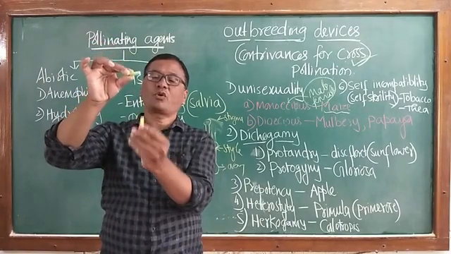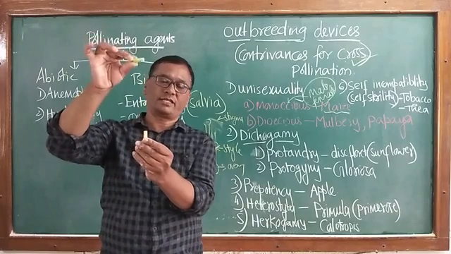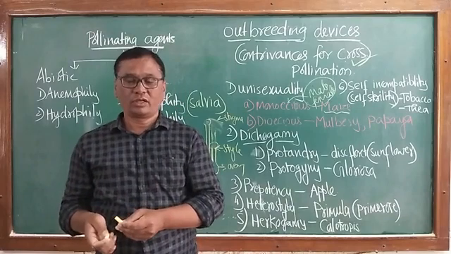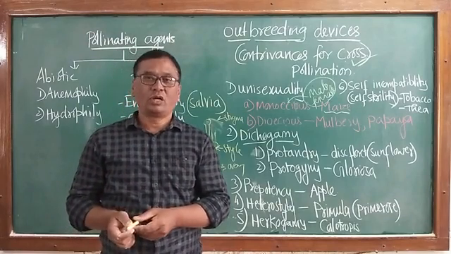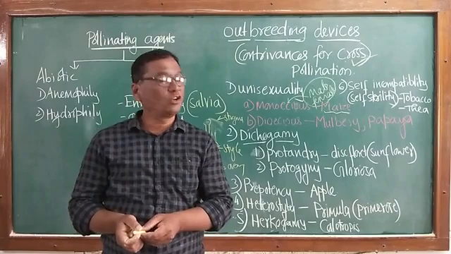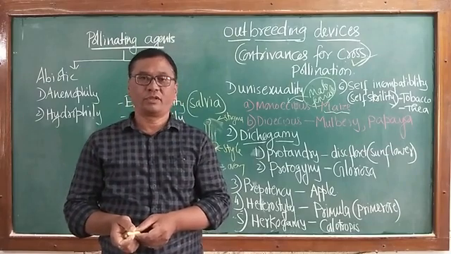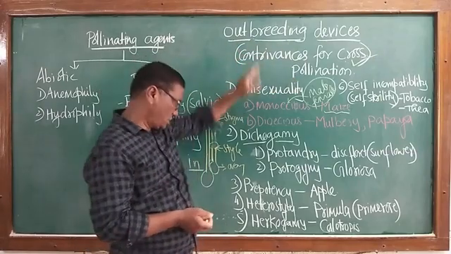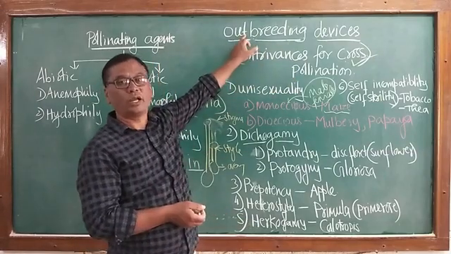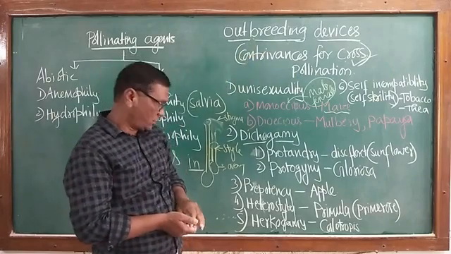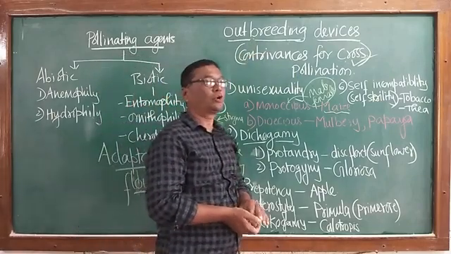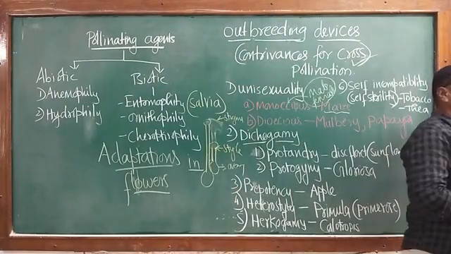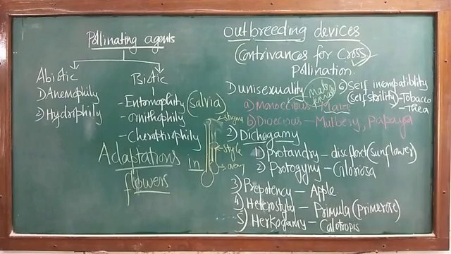When the stamens lie quite below the style and stigma, this gap also does not allow self-pollination. This gap also favors cross-pollination. Therefore, hercogamy is also an outbreeding device for cross-pollination, to achieve only and only xenogamy.